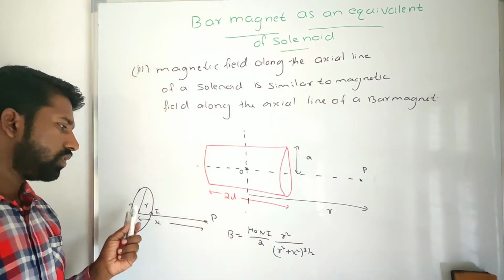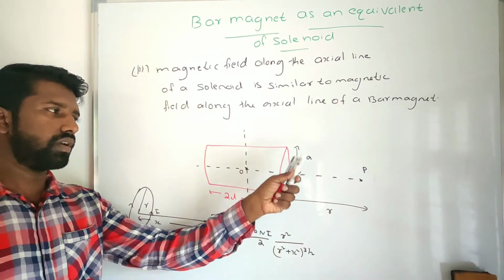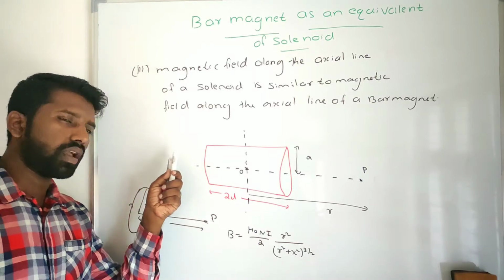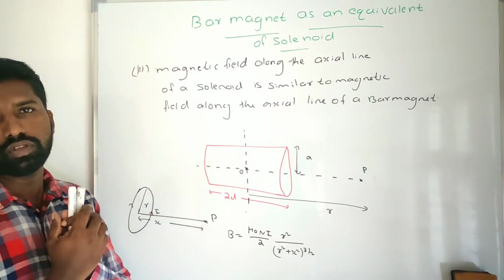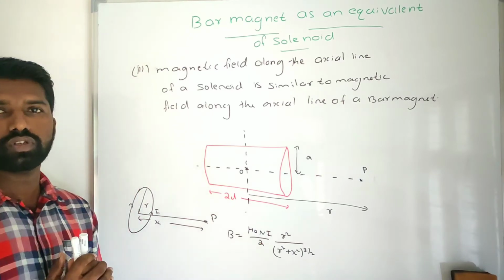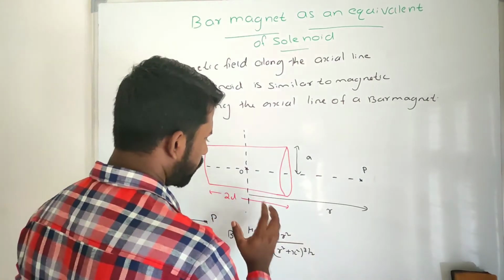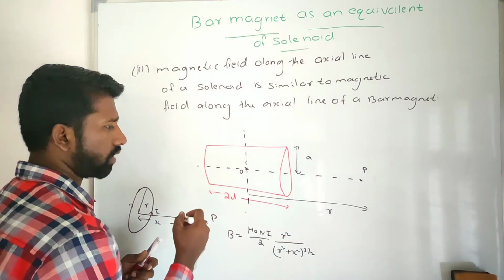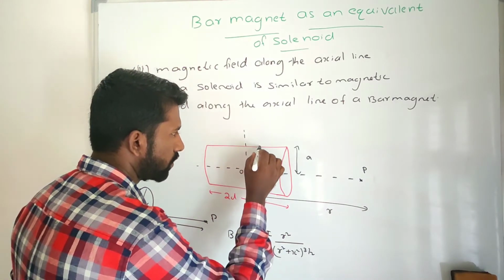So the same principle we can apply here, and we can find out the magnetic field at the point P, because the solenoid is similar to a large number of circular turns placed close to each other. To apply this, I am going to consider a small portion.